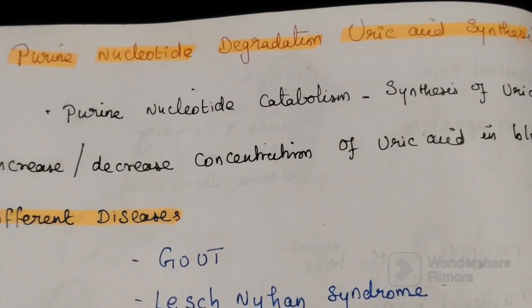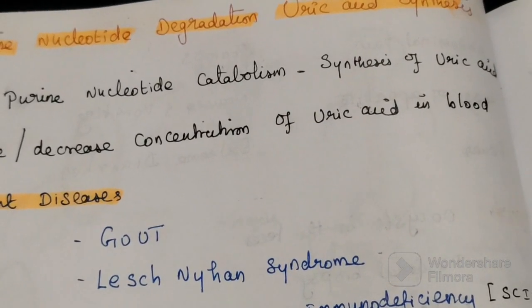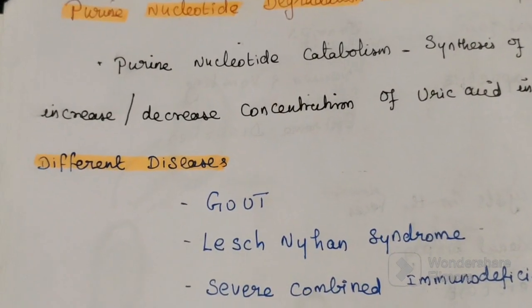Increased or decreased concentration of uric acid in blood is related to different diseases.